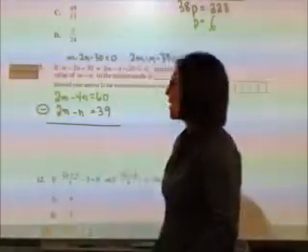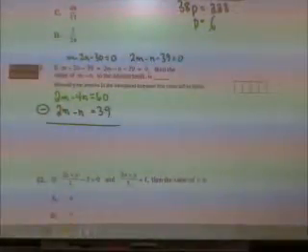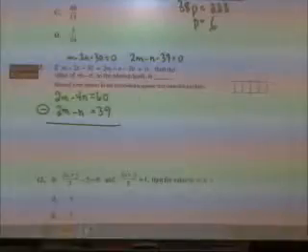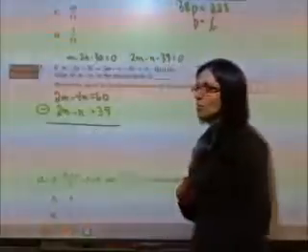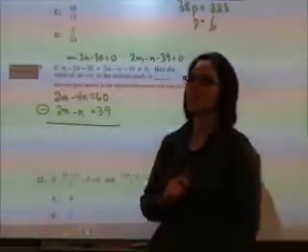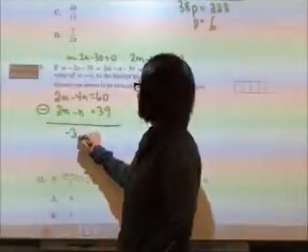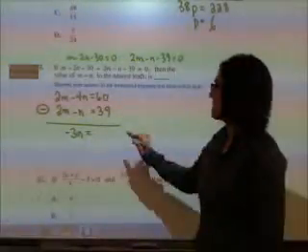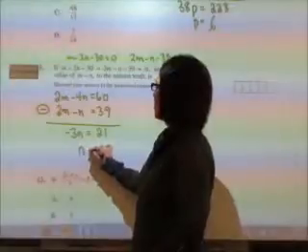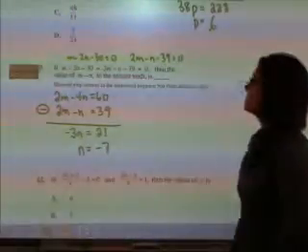And I would subtract them, because 2m minus 2m equals 0. Negative 4 minus negative 1 equals negative 3. And 60 minus 39. So n would equal negative 7.